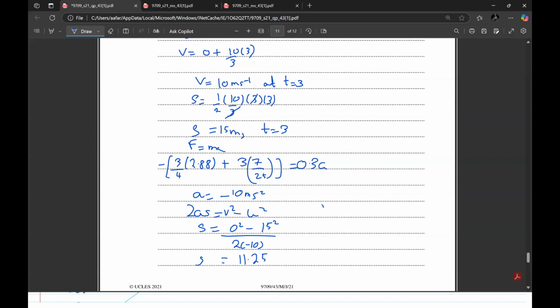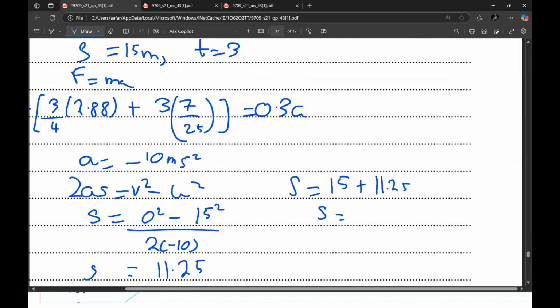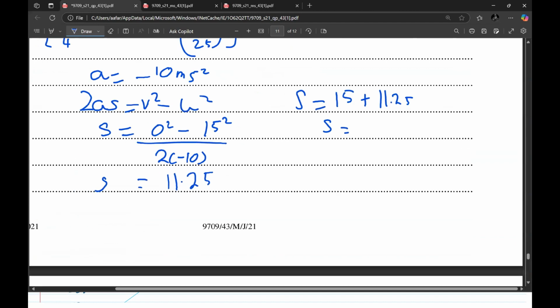So total distance is 15 plus 11.25. So the total distance it covers until it goes to instantaneous rest is, wait, shouldn't be 11.25. Something's wrong again.